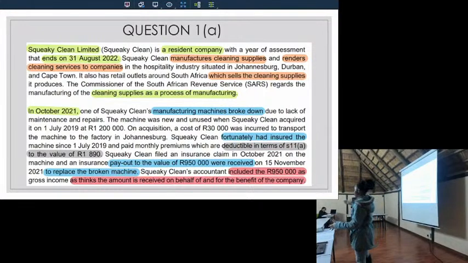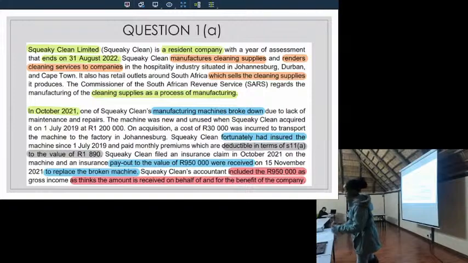So whenever we sell the cleaning supplies, we can include it in our gross income because those are receipts that are not of a capital nature. But if we receive an amount that relates to assets that relate to manufacturing cleaning supplies, then it will be of a capital nature and we can't include it. Because one of the requirements of a gross income definition does not want your receipts and accruals to be of a capital nature. Are we good?